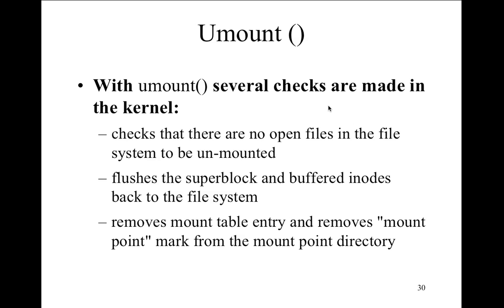Flush the super blocks and the buffered inodes back into the file system. So close back up all the inodes you opened up, get rid of those pointers. The pointers don't need to be in memory because the files aren't there anymore. The disk is unmounted. Remove the mount table entry and remove the mount point mark from the mount point directory.